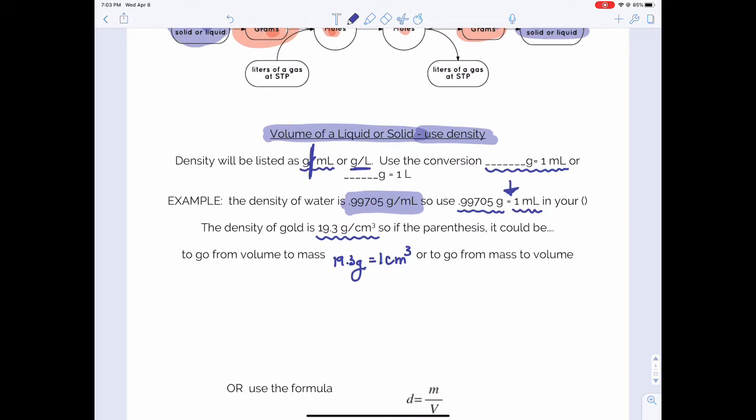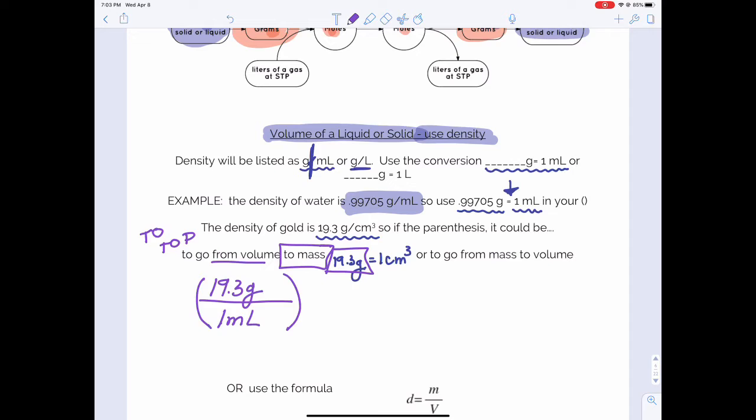If I want to go from volume to mass, remember we always say 2 goes on top. So to go from volume to mass, I would want the mass part of the density on top, 19.3 grams on the top and 1 milliliter on the bottom.